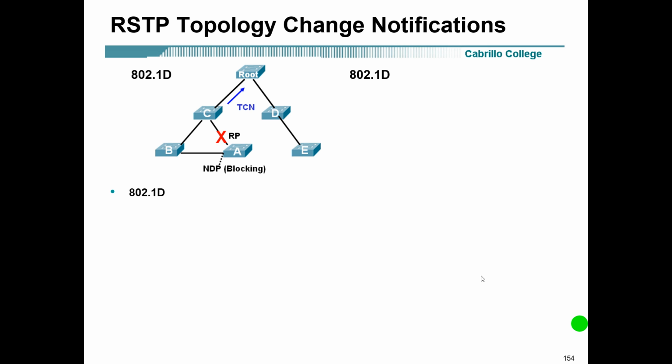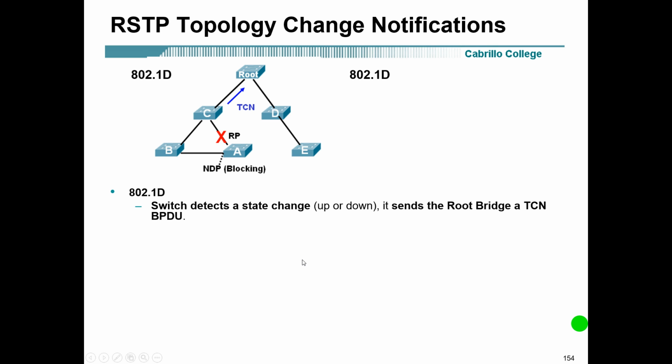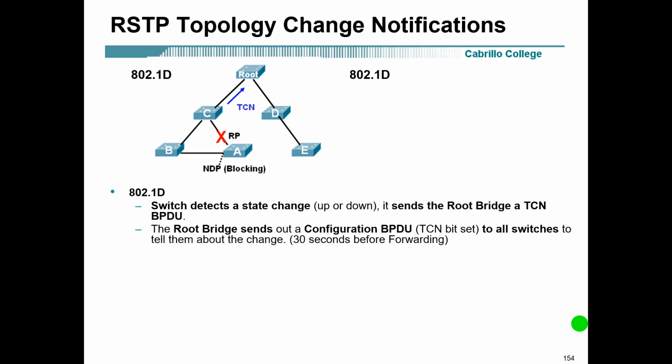So, RSTP topology change notification. In the traditional 802.1d, if between A and C the root port goes down, the link between A and B was an NDP, or blocking port. So the switch checks the status change, up or down, and it will send the root bridge a TCN.